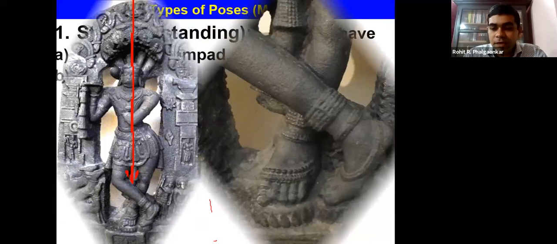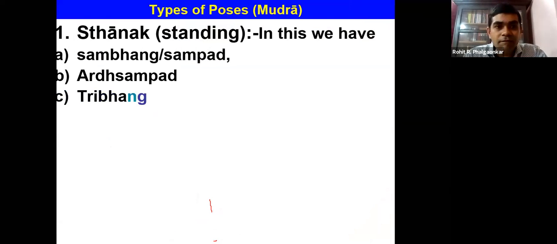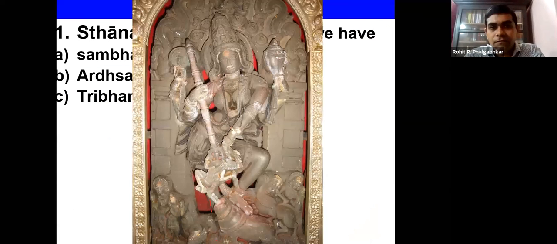Then you have the Tribhanga. Tri means three in English, and Bhanga means to deviate. And these kinds of mudras are found only in the sculptures of Durga. This is from Ponda Taluka, a 12th century sculpture. And I'm trying to tell you why it is called Tribhanga, because it is deflecting in three different positions.